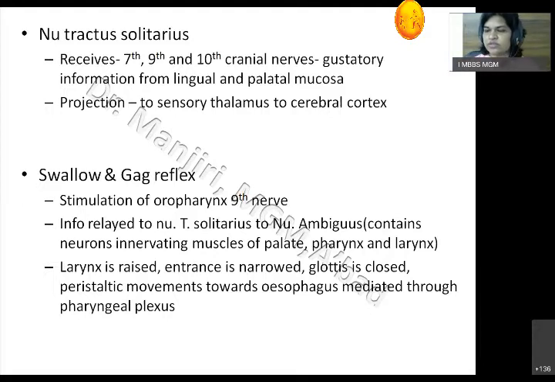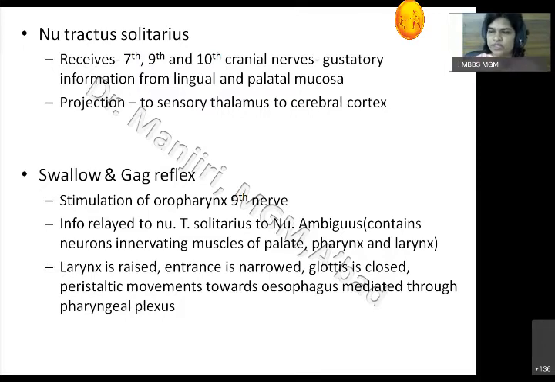And if some people are very sensitive, most of the time the person tries to vomit it out. That is called a gag reflex. For the gag reflex, the sensory nerve is the glossopharyngeal nerve. So if somehow the ninth nerve or the ninth nerve nucleus is involved, then this gag reflex will be lost.